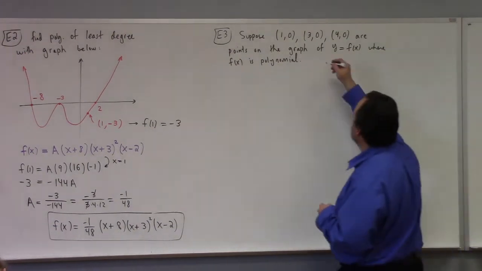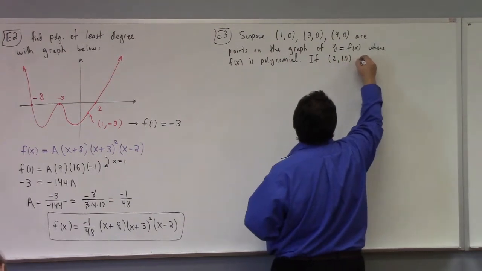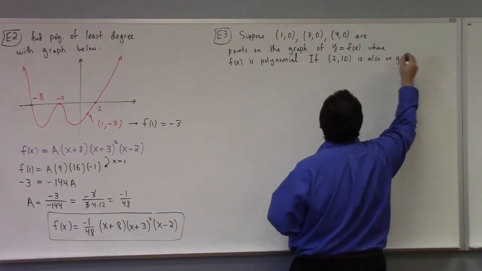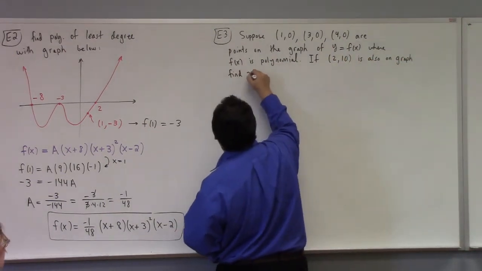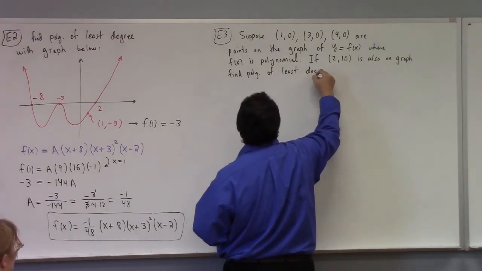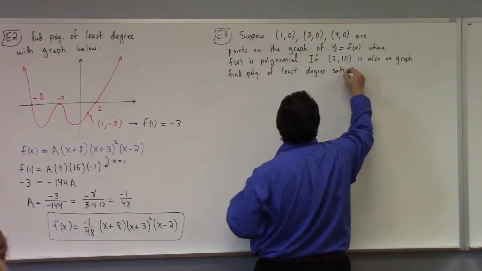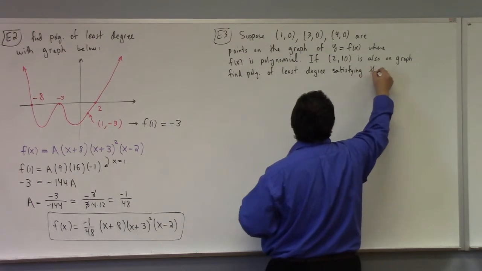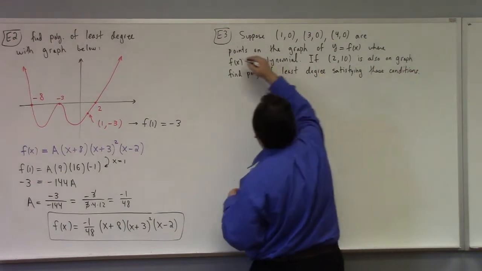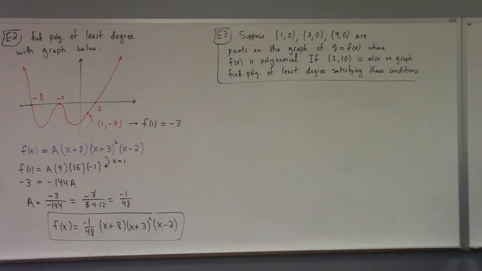If 2 comma 10 is also on the graph, find the polynomial of least degree satisfying these conditions. So this time just words. I didn't give you a picture, right?